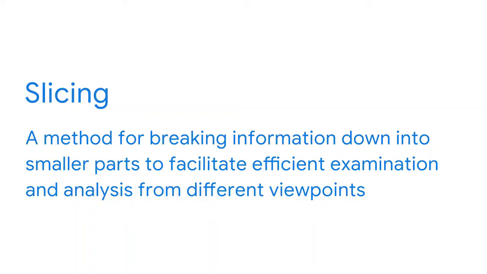Next on the list of structuring methods is slicing. Slicing breaks information down into smaller parts to facilitate efficient examination and analysis from different viewpoints. Think of slicing as an either or both option for columns and rows, a combination of extraction and filtering.